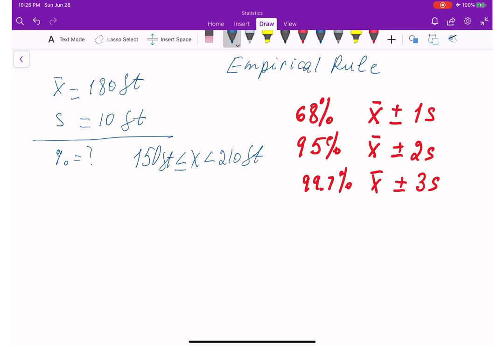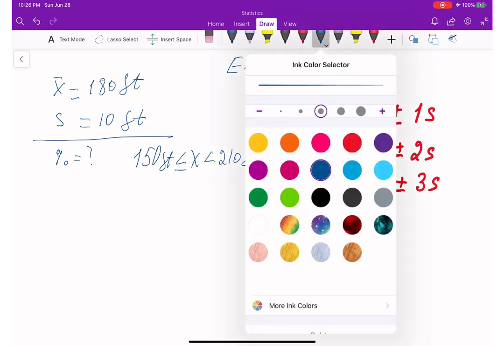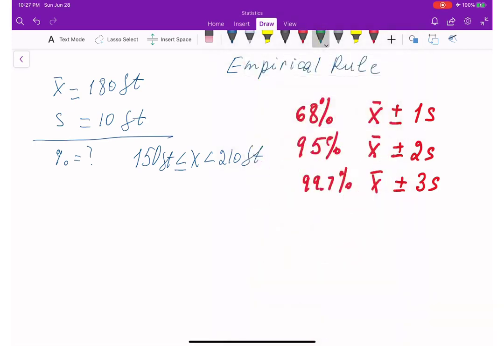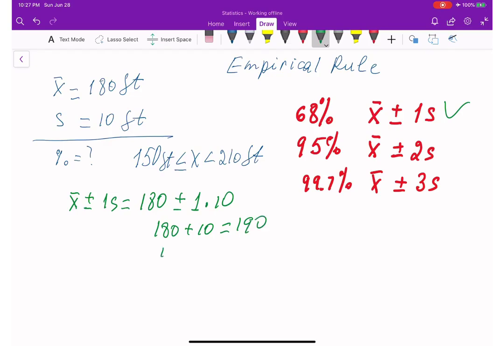Okay, so the first step: we are testing 68%. x bar is 180, so x bar plus or minus 1s is 180 plus or minus 1 times the standard deviation of 10. 180 plus 10 is 190, and 180 minus 10 is 170.